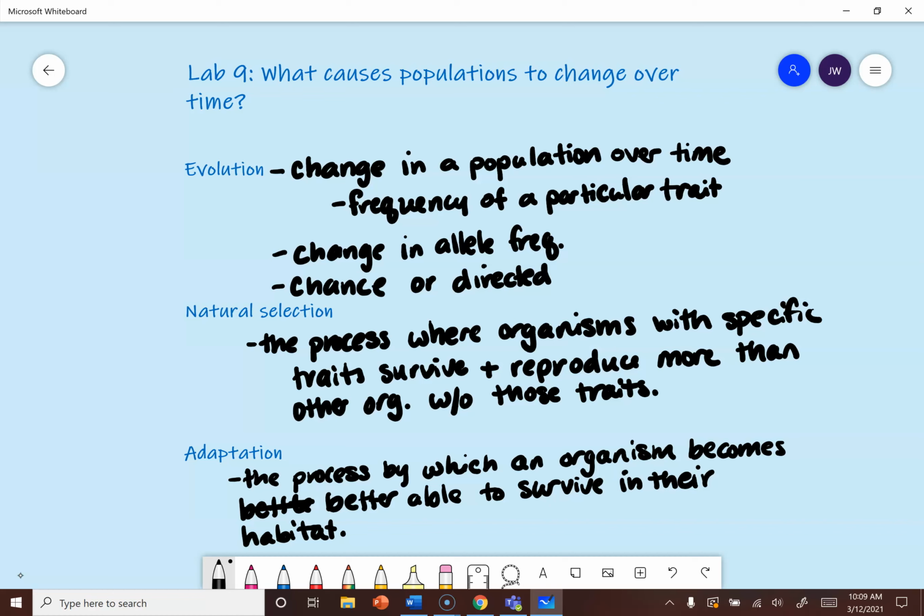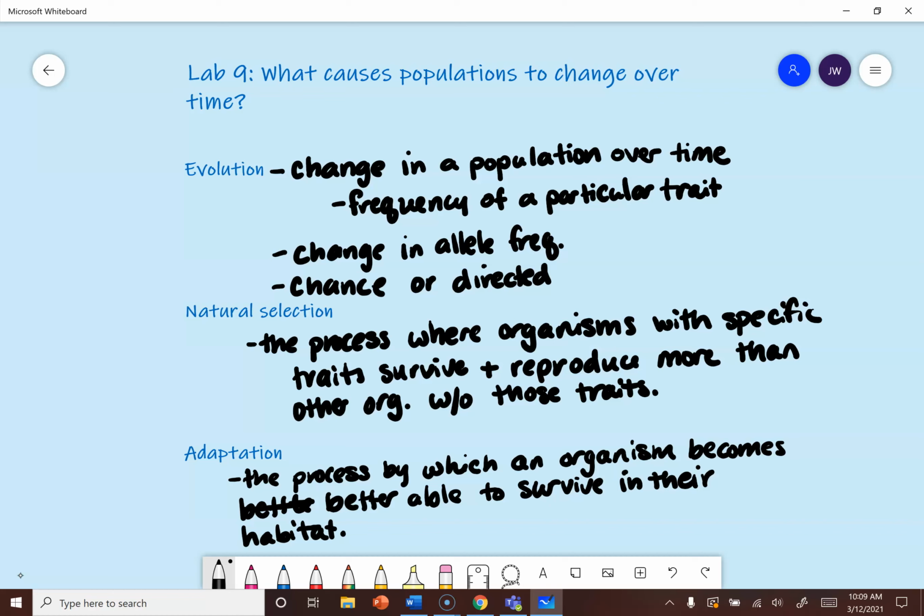So today we are looking at mice with very specific fur colors, and those mice that have the fur color that allows them to hide in their environment are going to survive better and produce more offspring than those that do not have that camouflaging color.